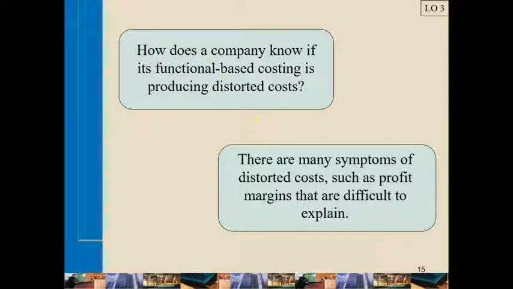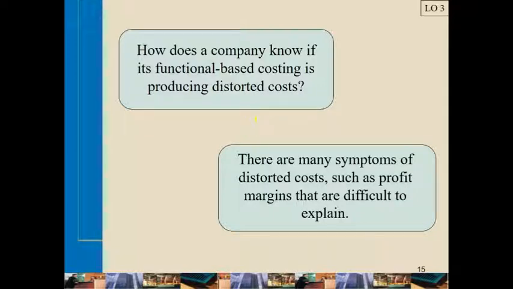Organizations that have experienced some, if not all, of these symptoms have found that their plant-wide or departmental rates are simply no longer capable of accurately assigning overhead costs to individual products.